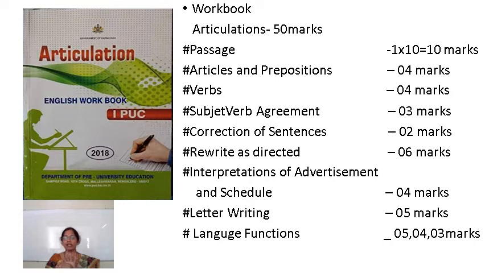For 4 marks, each dialogue will carry you 1 mark. That means 4 blanks will be there. According to the previous dialogue, you have to write the answer. According to the previous dialogue and according to the next dialogue, you have to fill the blank which is more suitable to the dialogue completion.